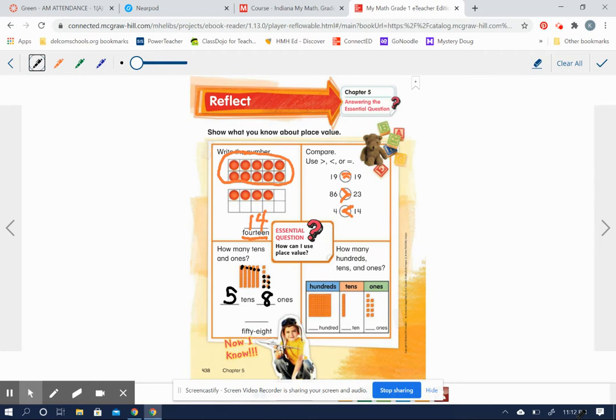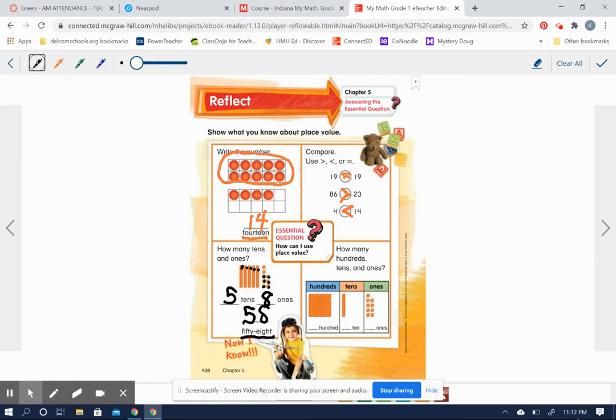Okay, so for a total of, what is the standard number for 5 10s and 8 ones? Okay, there's a couple different ways we would know this. Either if you know how to read this word right here, or if you know how to put this first digit as far as place value goes, that's the 10s.